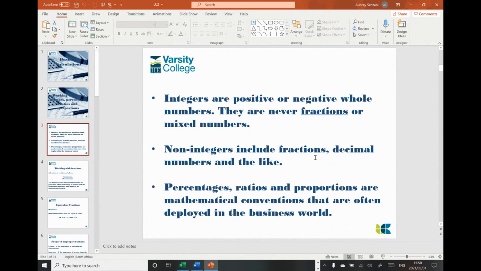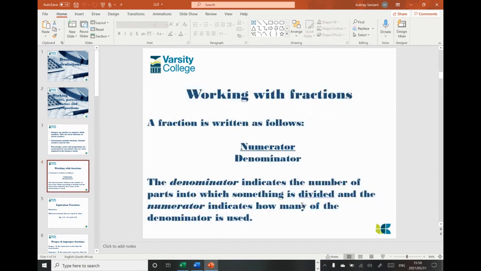Integers are always whole numbers. Non-integers are where you'll have fractions, decimal numbers, and the like. Percentages, ratios, and proportions are mathematical conversions that are often deployed in the business world, so these are highly relevant, both integers and non-integers.